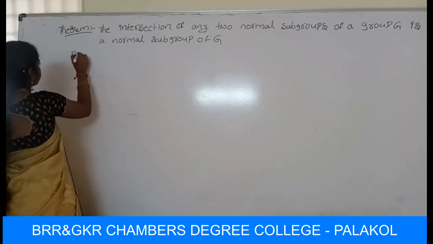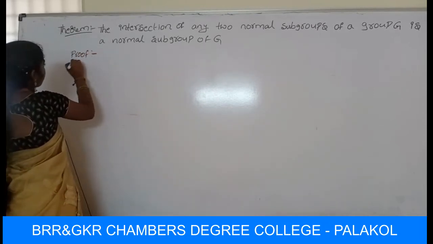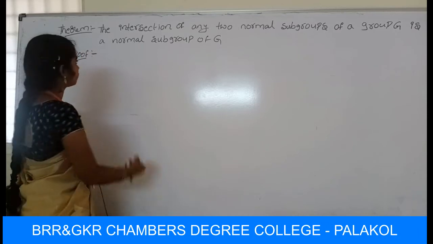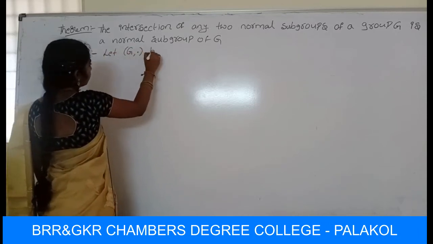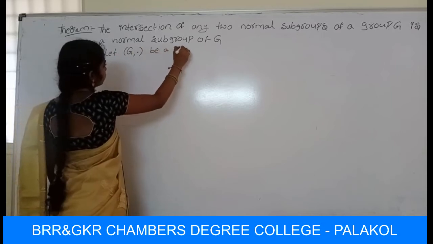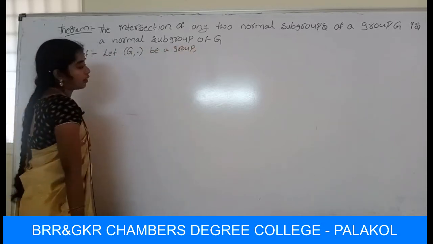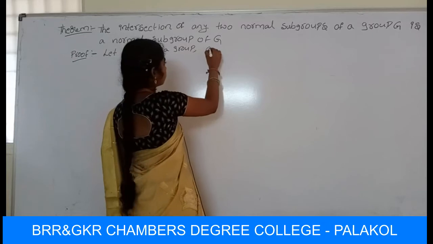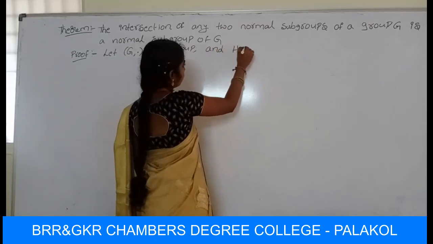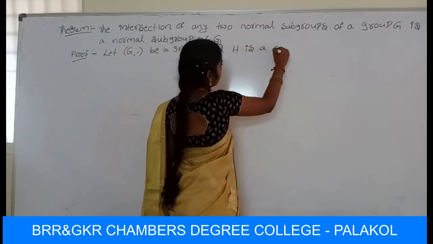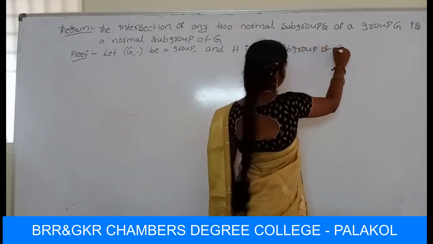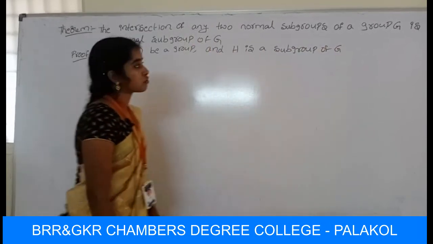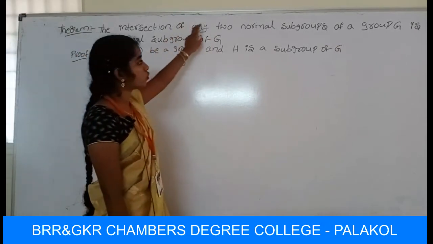So proof. Let Z, dot be a group and H is a subgroup of Z. So let H, K be any two subgroups.